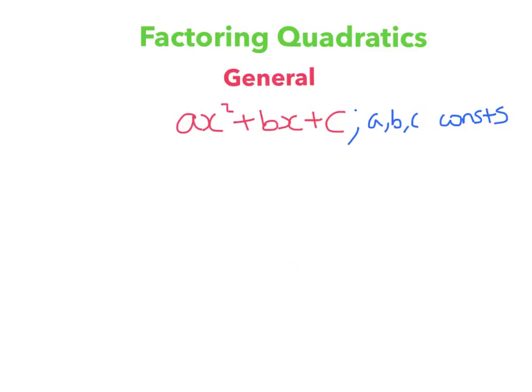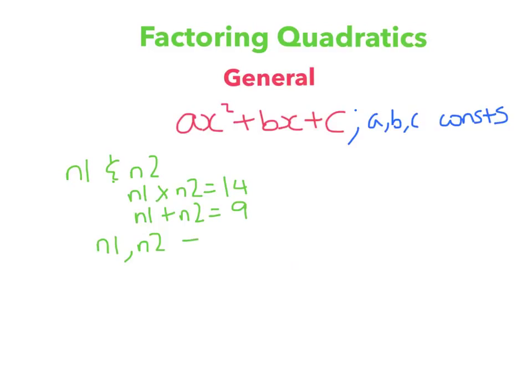What if I wanted you to come up with two numbers, n1 and n2, such that n1 times n2 equals 14, and n1 plus n2 equals 9. You might think for a bit on this, and you could come up with the answer that n1 and n2 are 2 and 7.